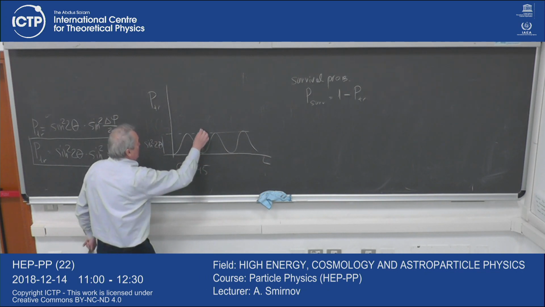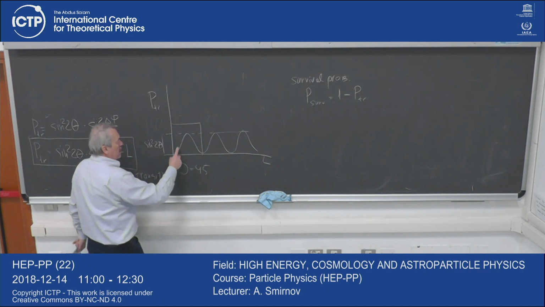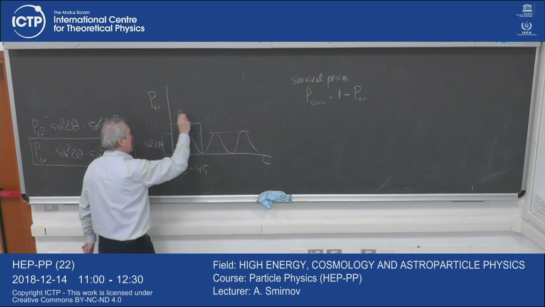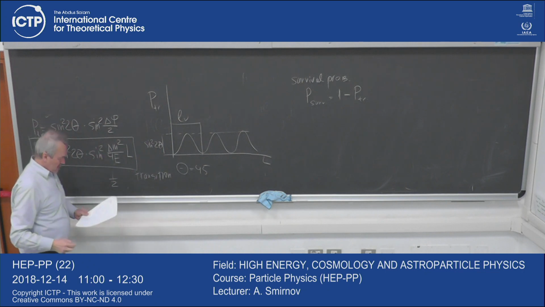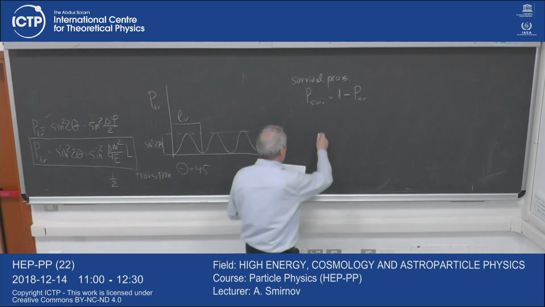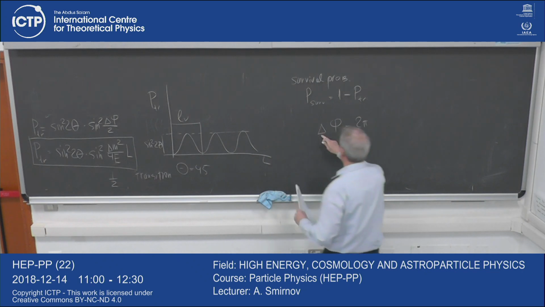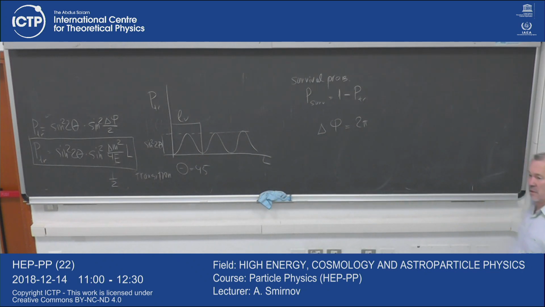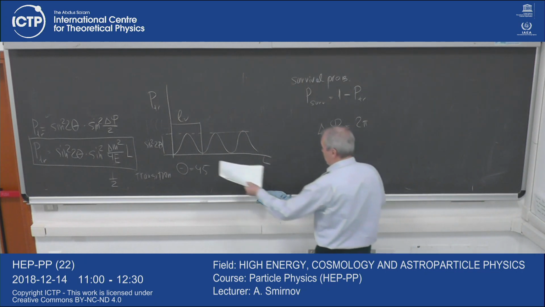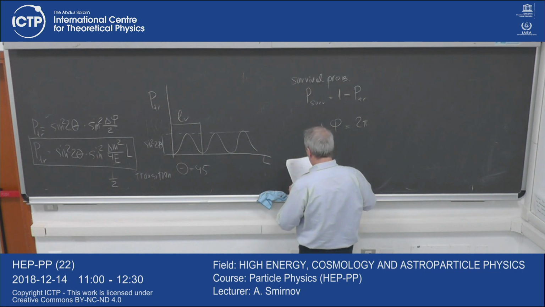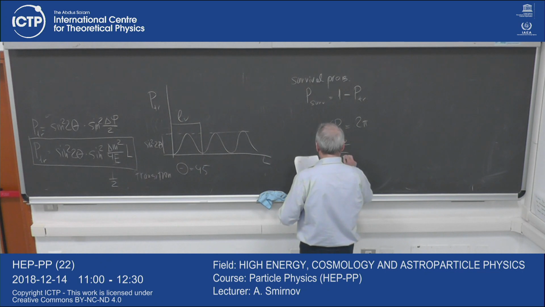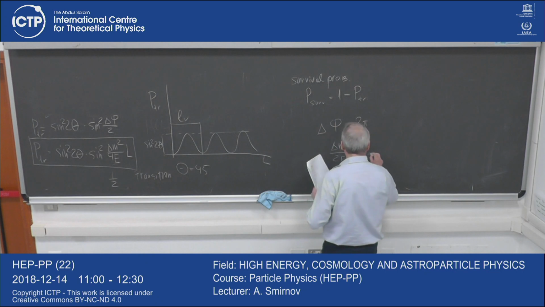Now, here is the oscillation length. Just the period. This is the oscillation length, and it can be computed when delta phi equals 2 pi. So this is the distance at which the phase difference is 2 pi, and your system is coming back to its initial state. From the expression for delta phi, you have delta m squared over 2 energy times L nu equals 2 pi.